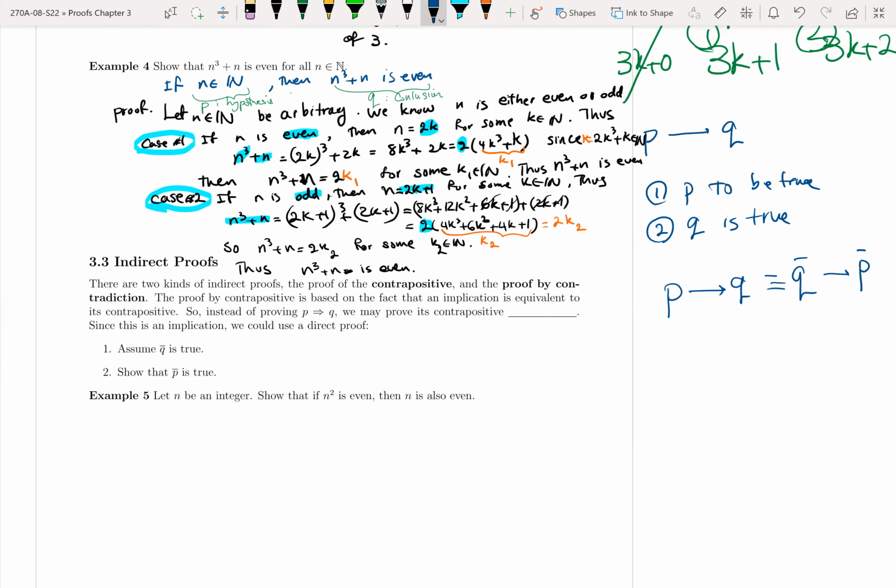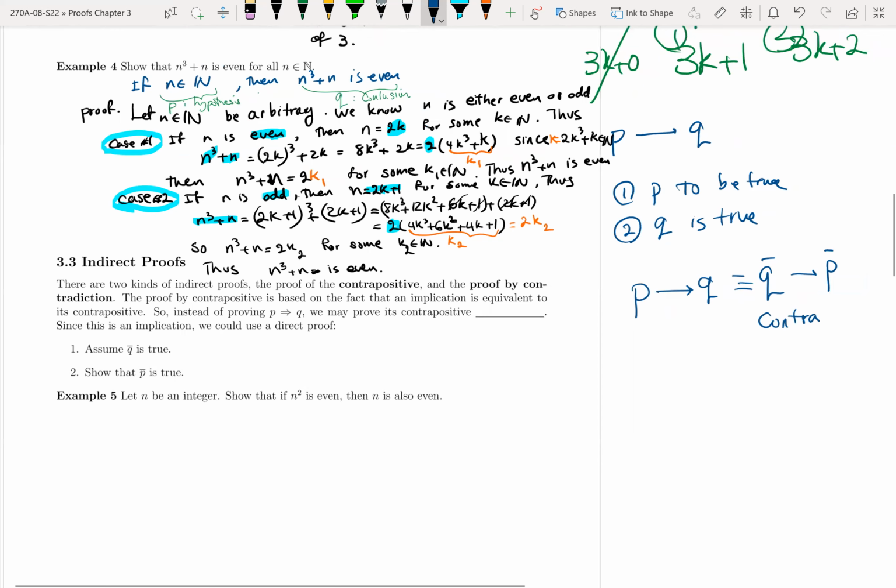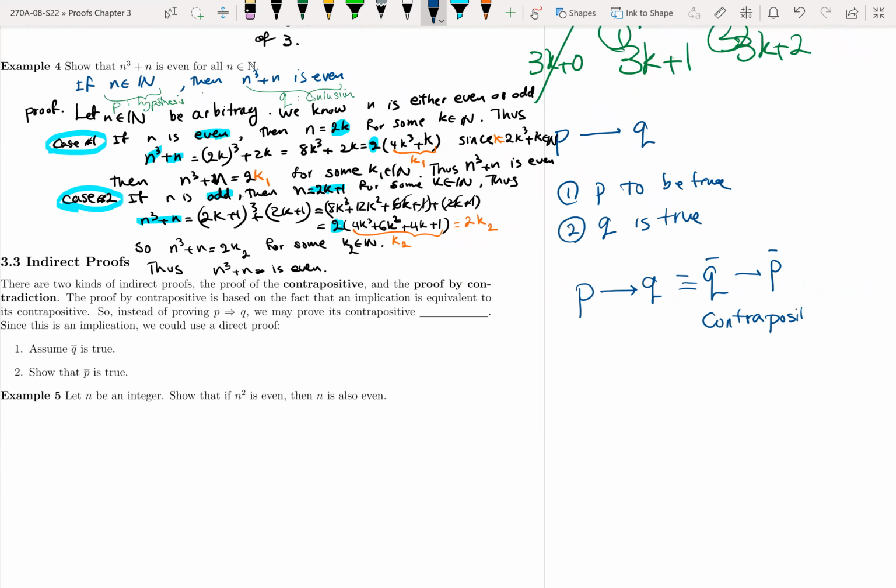All of these theorems that you're trying to prove are if-then statements, implication statements, so you can do it by contrapositive. This is called the contrapositive statement. What does it mean?